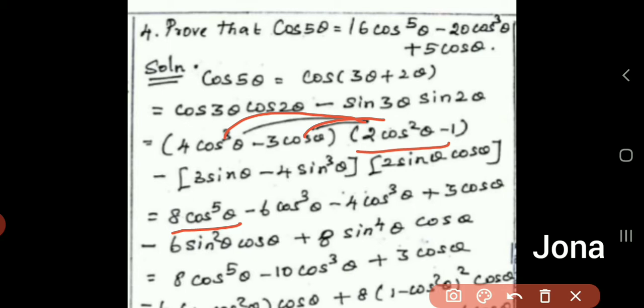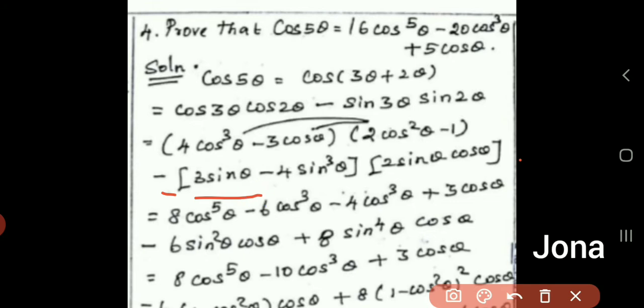And then I want to multiply with 1 here. So 1 into 4 cos^3 θ plus 3 cos θ, as it is we can write here. By minus 1 we are multiplying, so we have to change the symbol here. Here minus, here plus. And then the second one, here I have minus of this thing. So by 2 sin θ cos θ I have to multiply this term there.